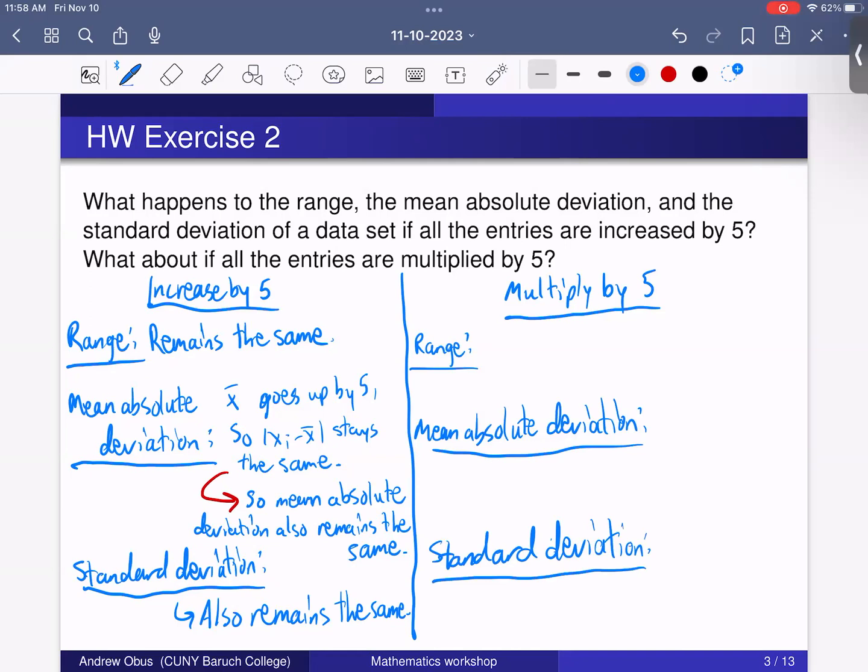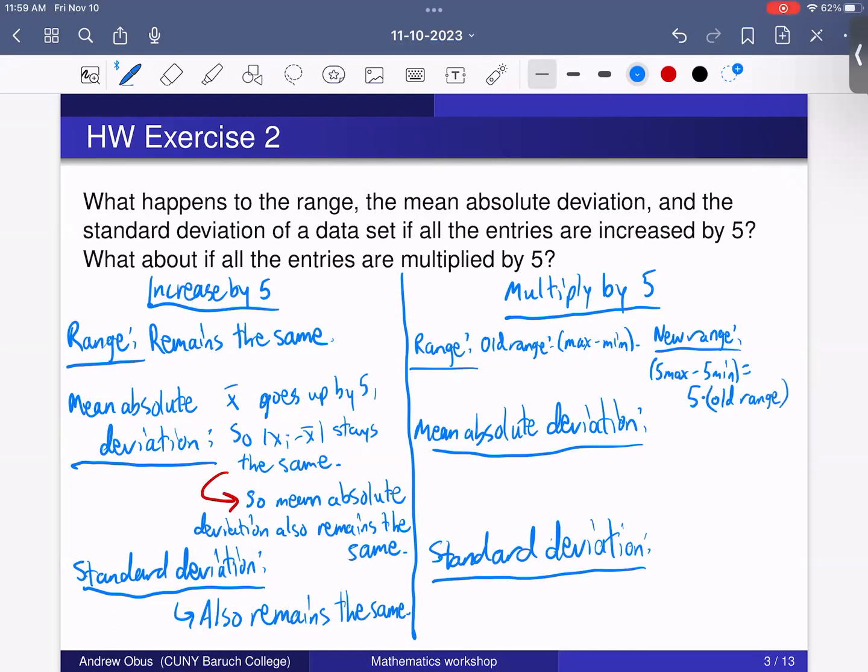So let me just say briefly, what happens to the range? Well, if the old range is the maximum minus the minimum, when we multiply everything by 5, the new range, the new maximum element is 5 times the maximum minus 5 times the minimum, which is equal to 5 times the old range.